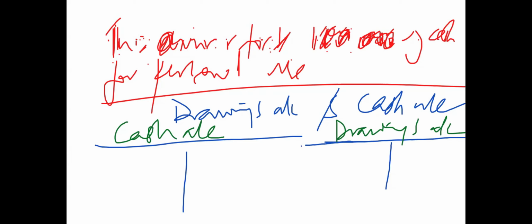But here, the owner is picking out cash, and it means that cash is actually going out of the business. And the rule for real accounts, we always credit what is going out and we debit what is coming in.